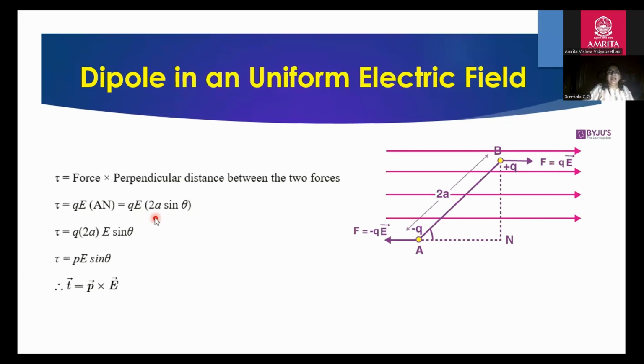AN will be 2A sin theta. So torque tau is equal to Q E times 2A sin theta, which can be written as P E sin theta, where P is 2A times Q. This can be written as P cross E. P cross E is the torque acting on this dipole.